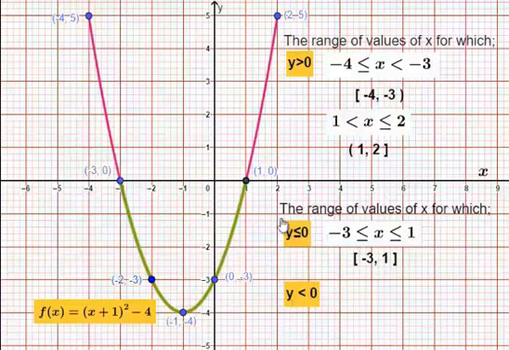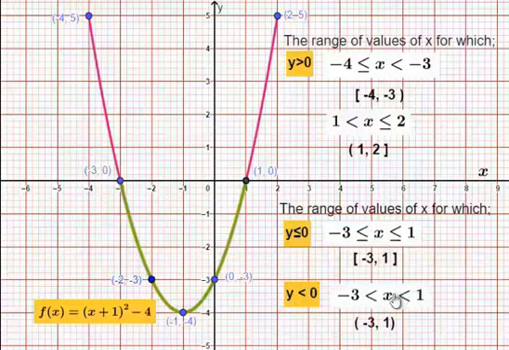For the range of values of x for which y is less than 0, we would write these same x values, but now because -3 has y value of 0 and 1 has y value of 0, and the condition says it should be less than 0, we would exclude those x values in our answer.